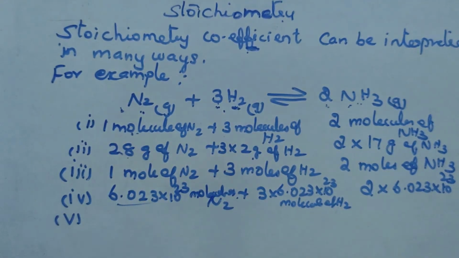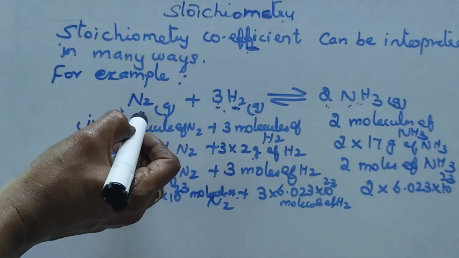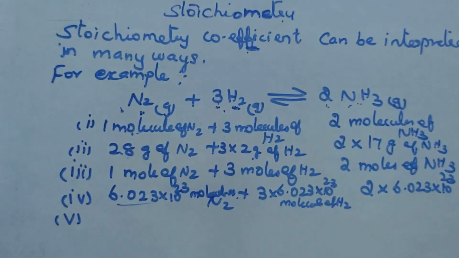Then fifth way, if the reactant and product are in gaseous form, we can take this one in the form of volume, because at STP 1 mole of a gaseous substance will occupy 22.4 liter.